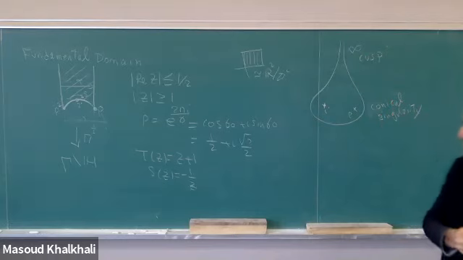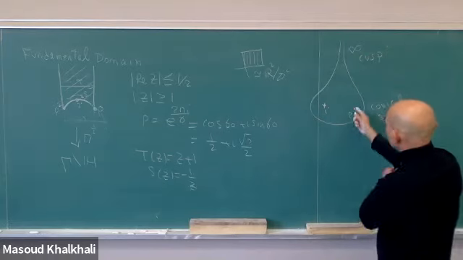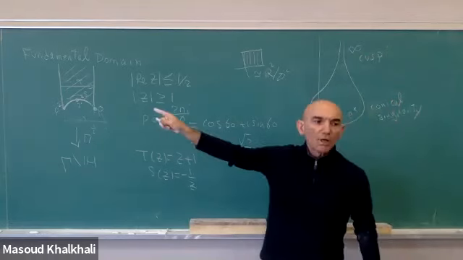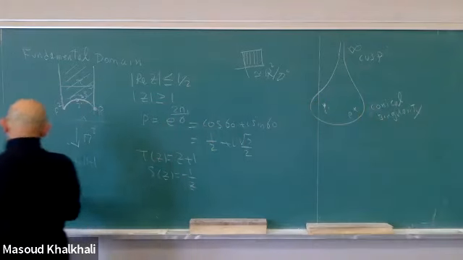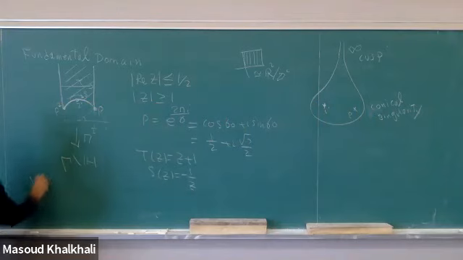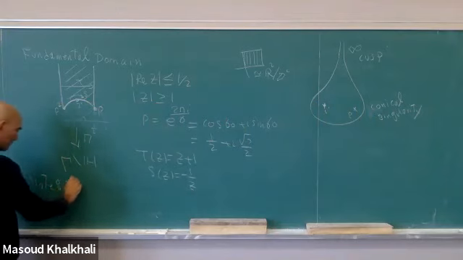Okay, so let's look at why this is the case. First of all, the quotient is not a smooth manifold. That's one thing we have to notice. Note 1: the quotient is not a smooth manifold.